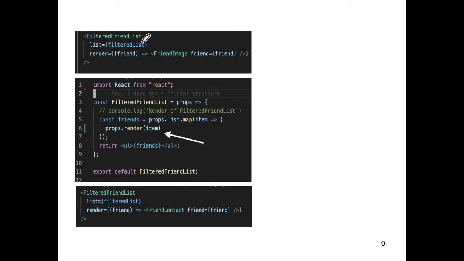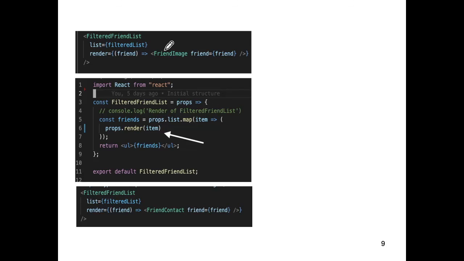And I'm showing you an example of it being used up here. So here I am using the filtered friends list. I'm passing in my array of users as before, and I'm also passing a render prop. And what does my render prop do? It's a function that returns JSX. In my case, it returns the component that's going to render a friend in a particular way.